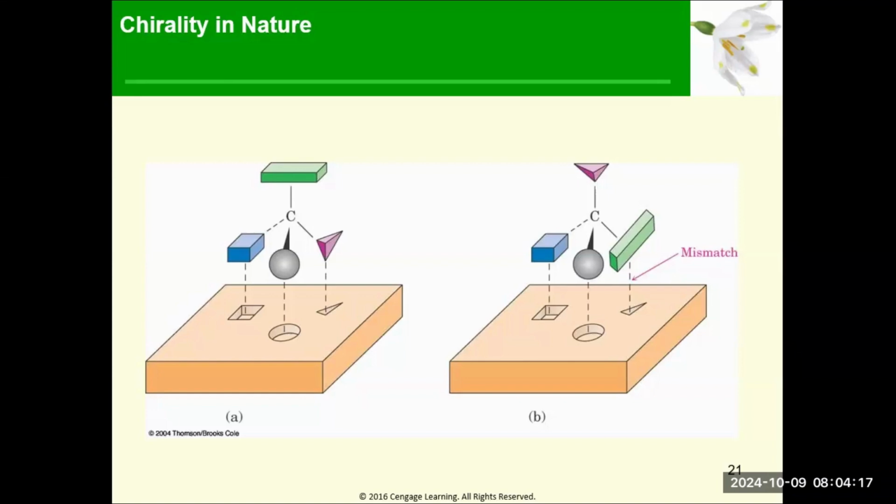While they are the same 4 different things, they are arranged differently in the 3-dimensional geometry. Therefore, A fits perfectly into the receptor, whereas the enantiomer B does not. It cannot fit, and since it cannot fit, you're not going to have binding. This is very important, dealing with nature and drugs.